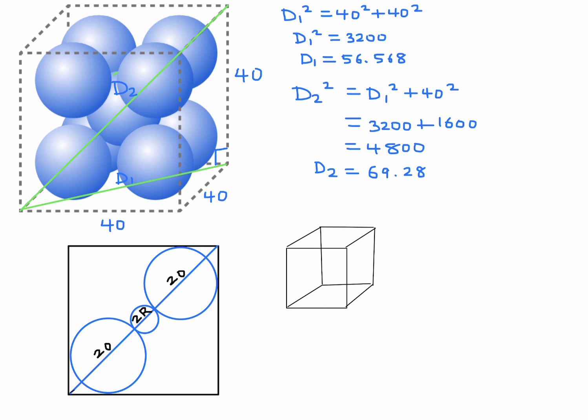To figure out this little distance right here, picture in this box just one sphere sitting in there. I'm not going to make the diagram too messy, but just picture that. That box has one sphere, and that will allow me to figure out this little distance. In the very same way, we are going to draw a diagonal from there to there, and that triangle will also be necessary to figure out that diagonal.